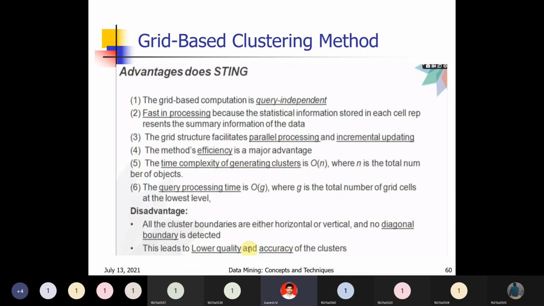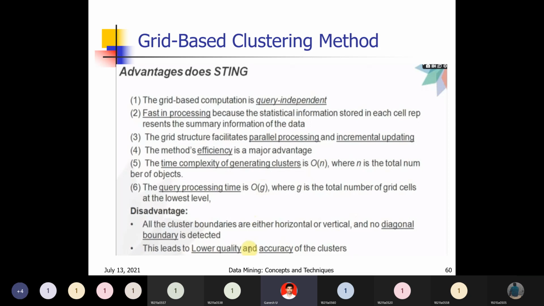So what are the advantages of the STING method? What are the drawbacks of the STING method? The grid-based computation is query independent. The cell you are calculating is query independent. The statistical information is stored at each and every cell, and from that you can get query answers. But that grid partition cannot be done based on query.